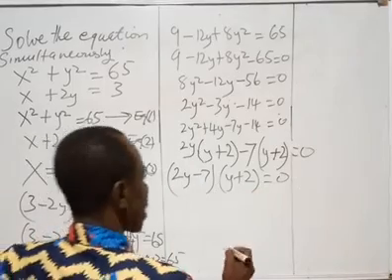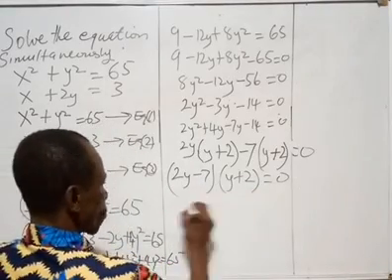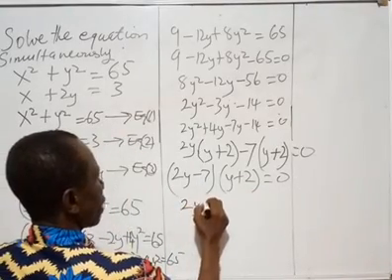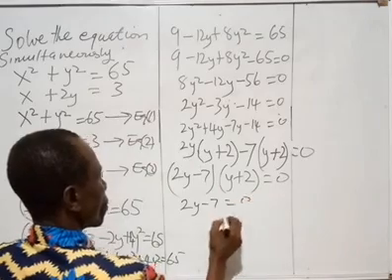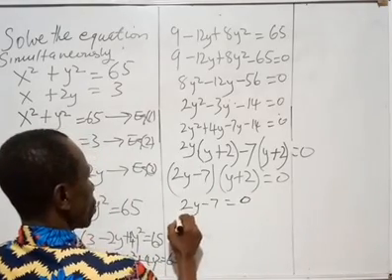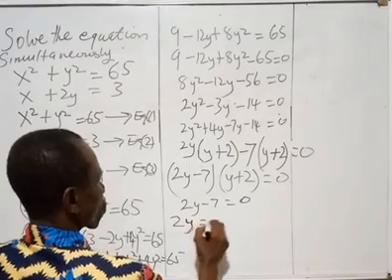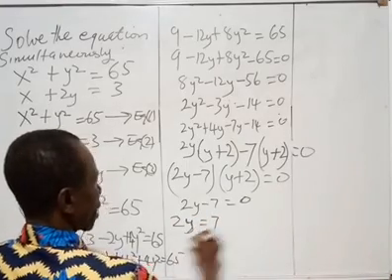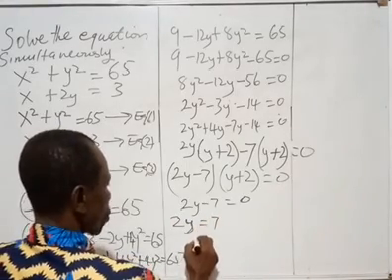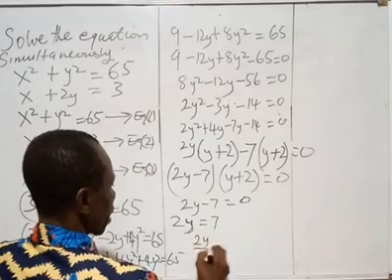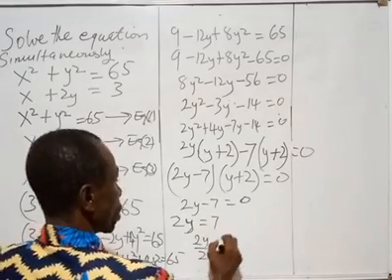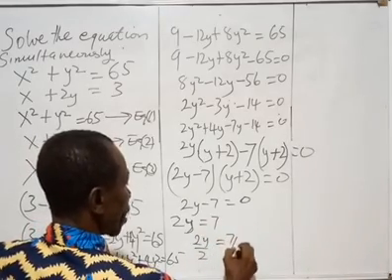Now from here, I can solve each of them. So I pick 2y minus 7 equals 0, then 2y equals 7. I divide both sides by 2. I have 2y divided by 2 because I want to eliminate 2, equals 7 over 2.